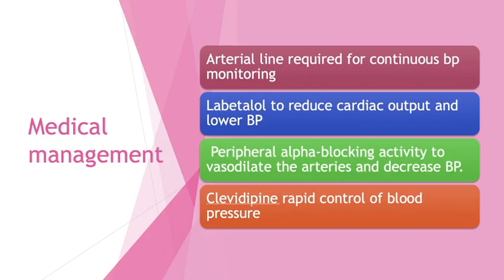The medical management on this presentation includes an arterial line so that we can titrate the continuous blood pressure. We'll use labetalol to reduce cardiac output and lower the BP. We'll use peripheral alpha blocking activity to vasodilate the arteries and decrease the blood pressure. We'll use clevidipine, which is a calcium channel blocker, for rapid control of blood pressure.